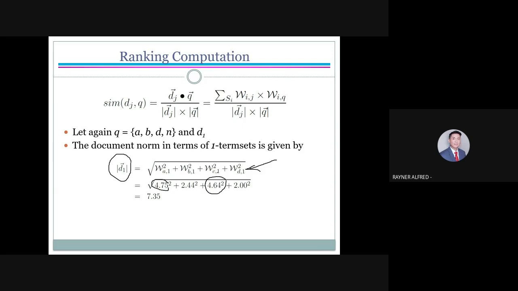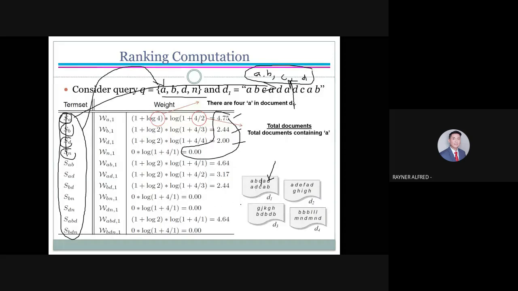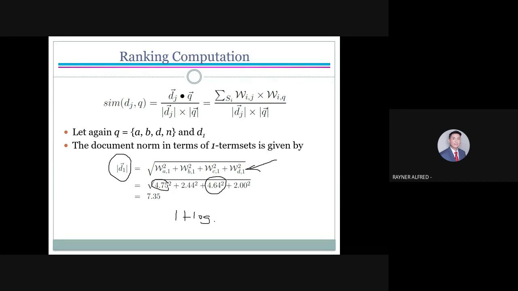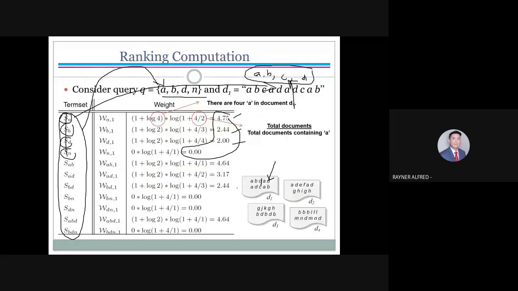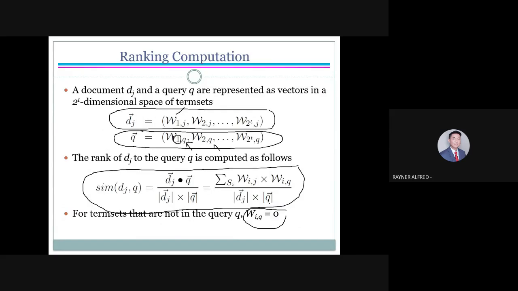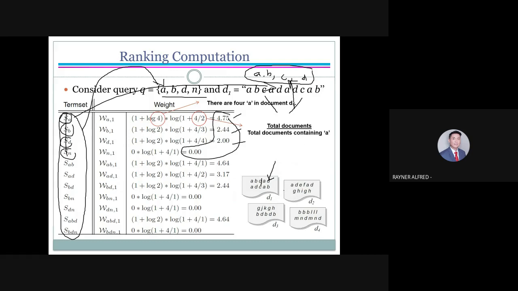Okay, how do we compute the C? So based on the formula, 1 plus log 2. Okay, see how many times it exists, 1 and 2. So 2. Okay, and then see how many times the document has, only 1.